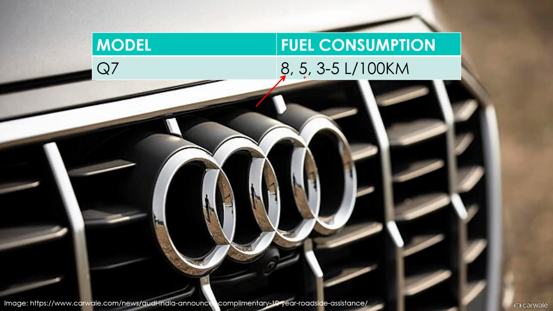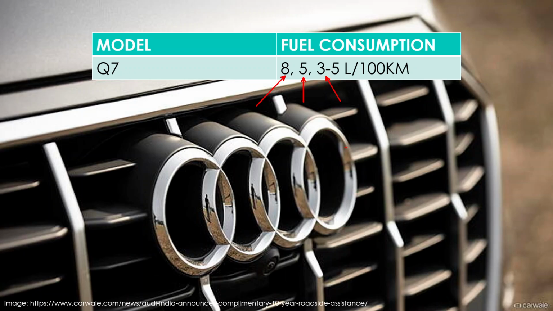On the other hand, if you have a mixed case where you have traffic jam and highway, then it's going to consume maybe 5 liters per 100 kilometers. And in the average case, if we have just the highway, then it's going to consume between 3 to 5 liters.